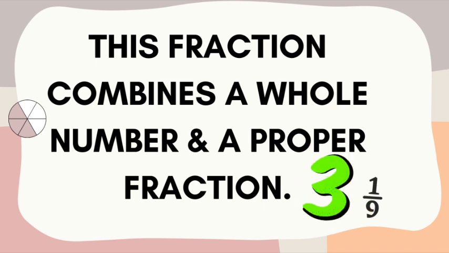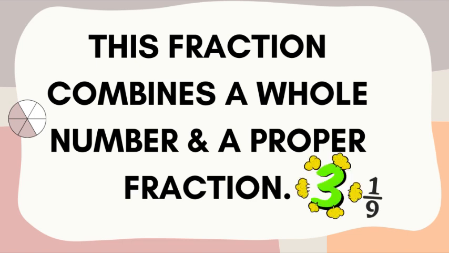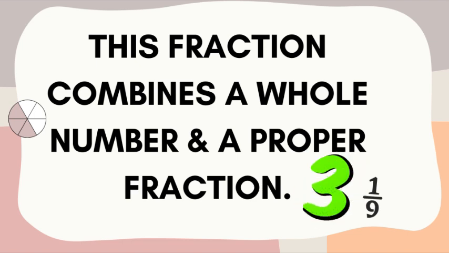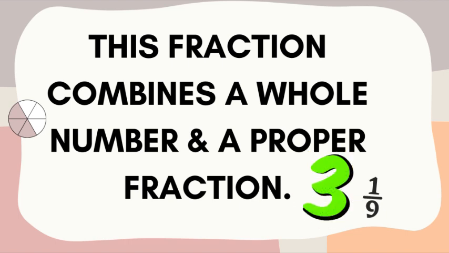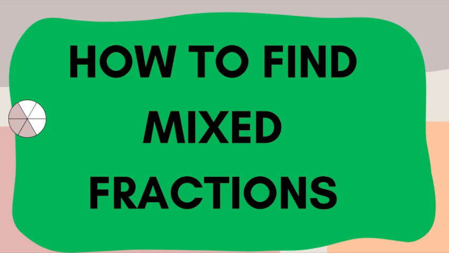Mixed fractions can represent numbers that fall between any two whole numbers. And an improper fraction is another type of fraction that can change to a mixed fraction as well.